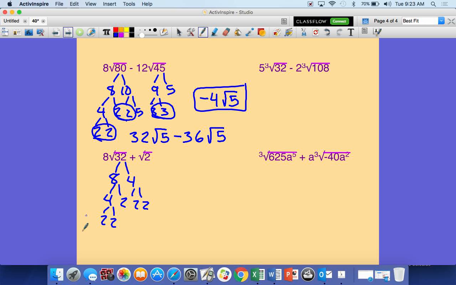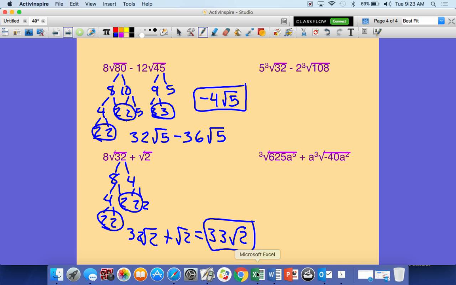We're looking for pairs again, so there's a pair with the 2 left over. 8 times 2 times 2 is 32. This one's already broken down, so square root of 2 gives us 33 square roots of 2. There's our answer.